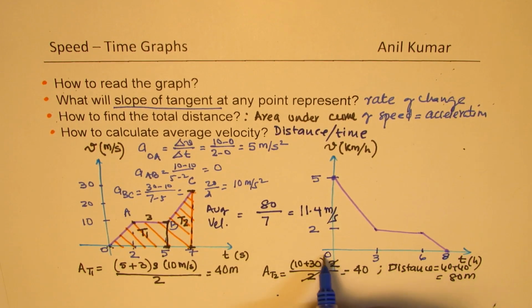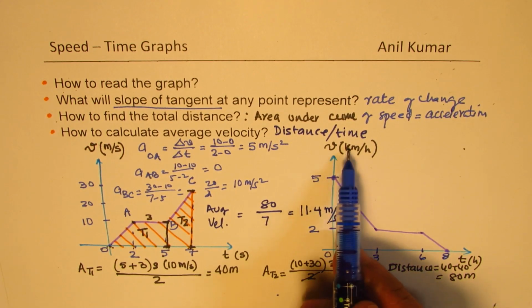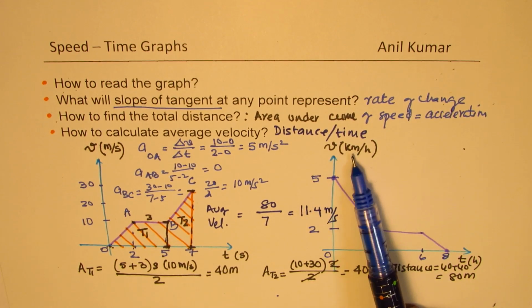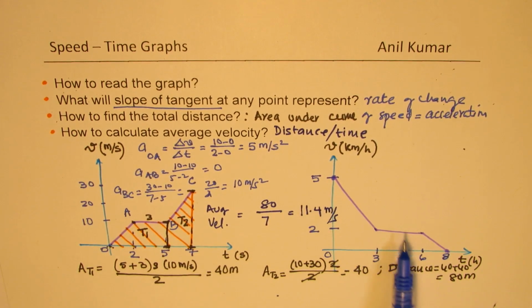So it is a journey of 8 hours in which the object travels 5, starts with the speed of 5 kilometers per hour, and it kind of reaches, and that becomes 0, right? So that becomes the whole curve, right?